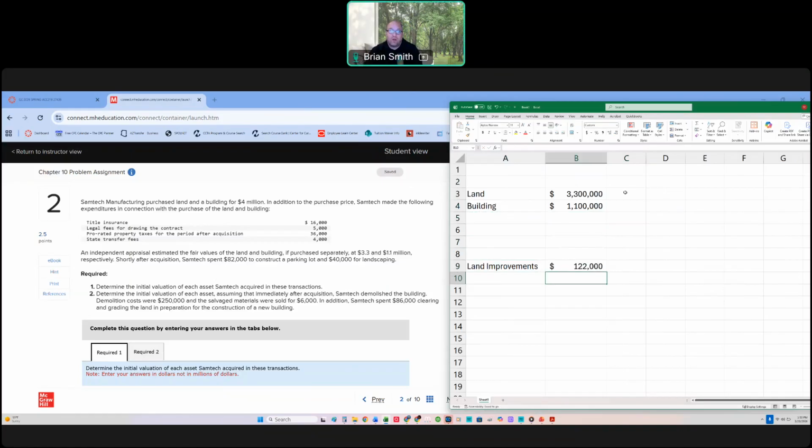So for our land, we need to factor in, we're going to add these up. And we're going to find out what our percentage is for our land by taking the total cost of the land, dividing it by the total fair value. 75% is going to land and 25% is going to the building.